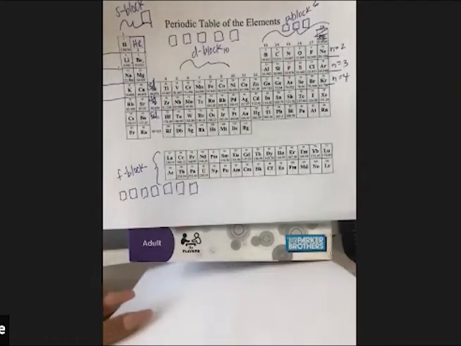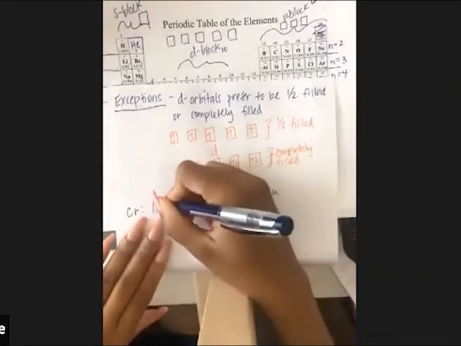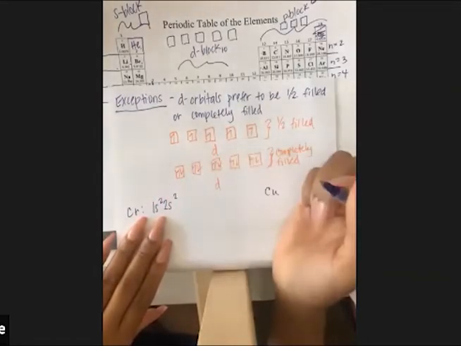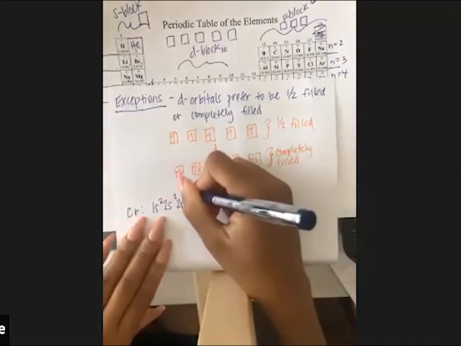If we go in order, starting at 1s2, what's next? 2s2, then 2p6.